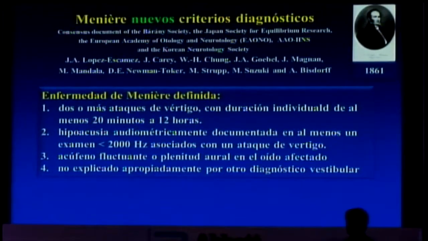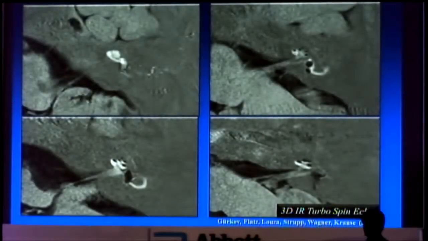You have to document reduced hearing associated with one of the attacks, in particular in the low frequency range below 2000 Hertz. They often have fluctuating tinnitus and fluctuating fullness in the ear, and here again the standard sentence you're familiar with. So these are the current diagnostic criteria which are agreed on by all major societies.